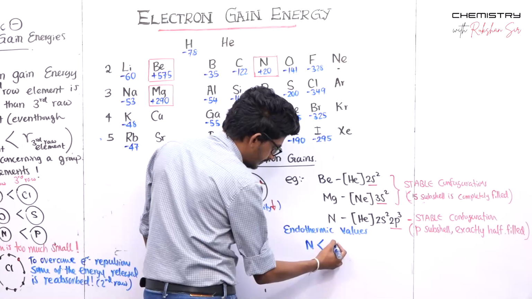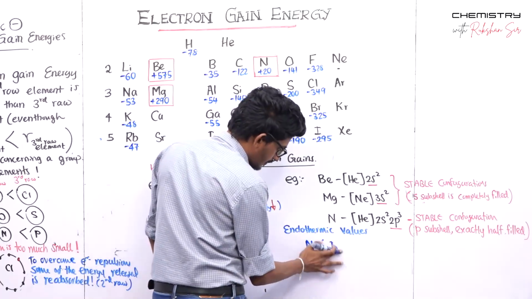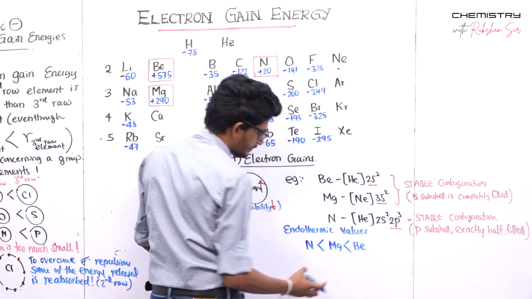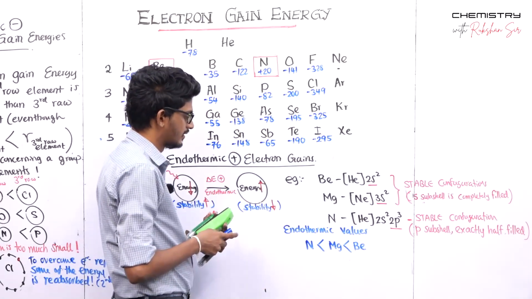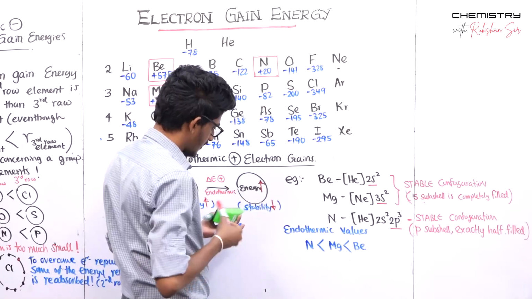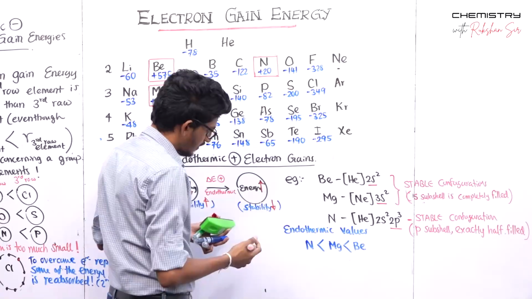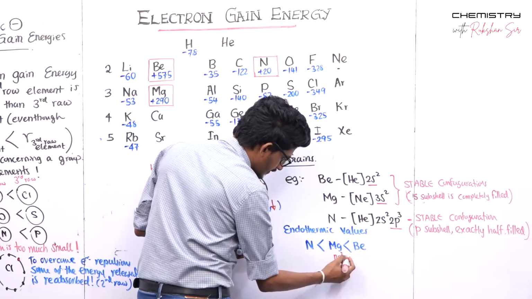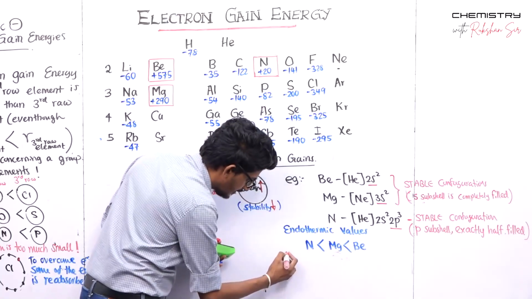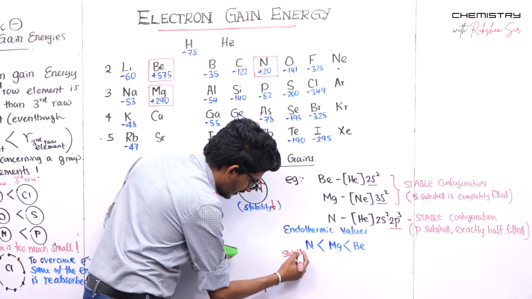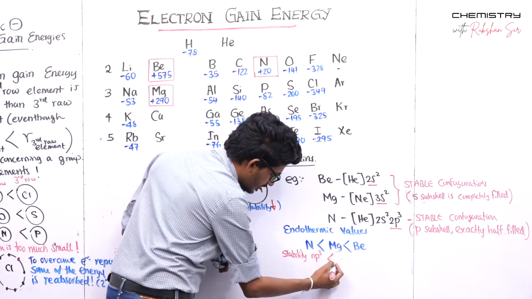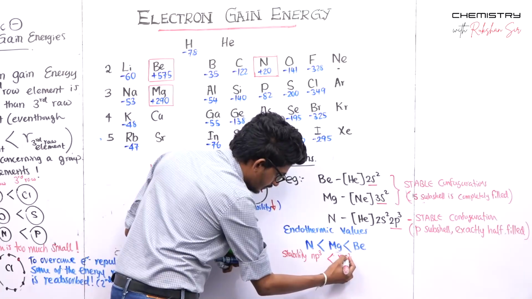Magnesium and beryllium. Comparing the two configurations, ns2 is more stable. One can say the stability of np3 is lesser than the stability of ns2.